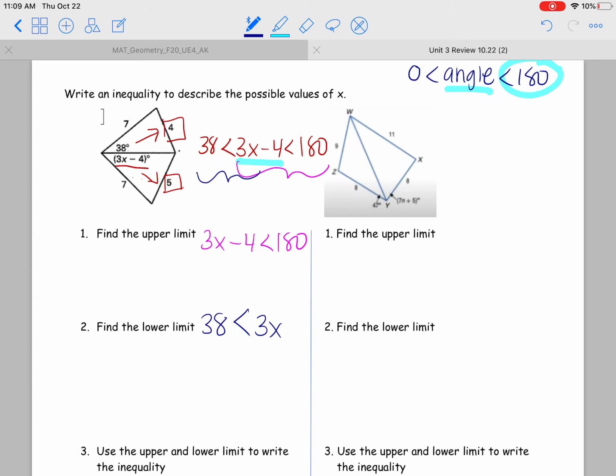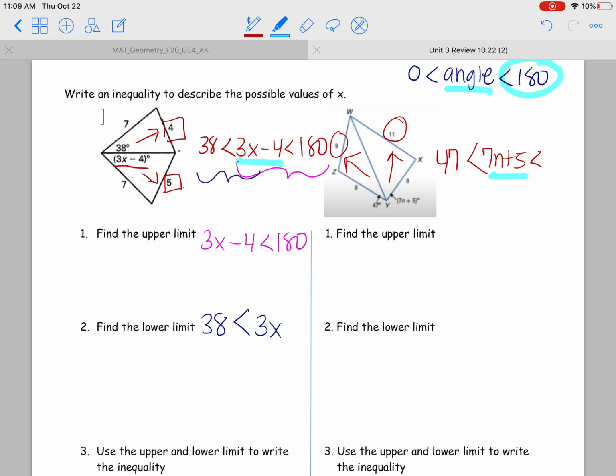Let's see if you understand once again. I'm going to go ahead and find the inequalities here. So we have 7n plus 5. And I have to decide, is 7n plus 5 going to be greater than 47 or less than 47? So based on the opposite side lengths, I know that 7n plus 5 has to be bigger than 47. So that 47 becomes my lower limit.